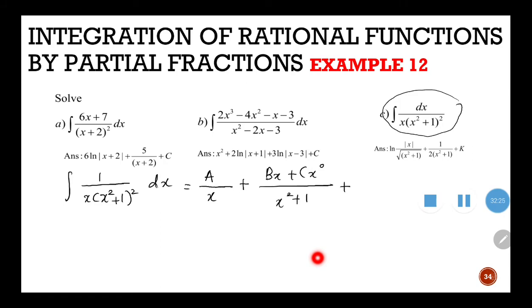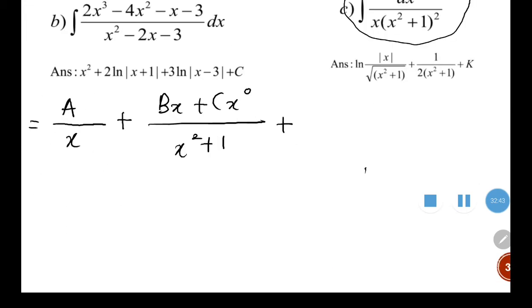Why Bx? Because this is x squared, so the upper limit should have at least one level of x power higher than the lower limit. So this one is Dx plus E over x squared plus 1 squared.